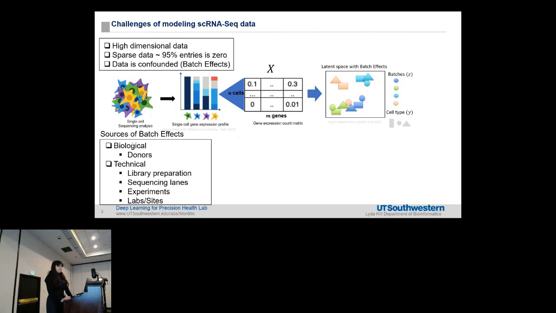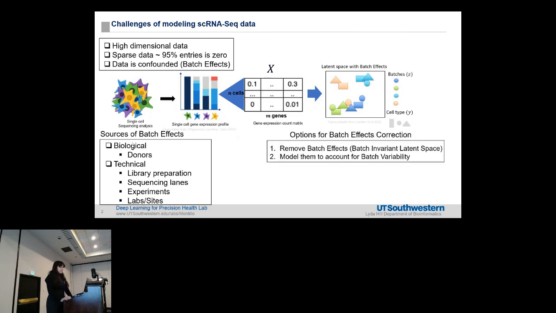Some sources of batch effects can be technical, as you may know, like library preparation or different experiments, even different labs or sites. And they can also be biological, like samples coming from different donors. And we are interested in those kind of effects that are also biological.